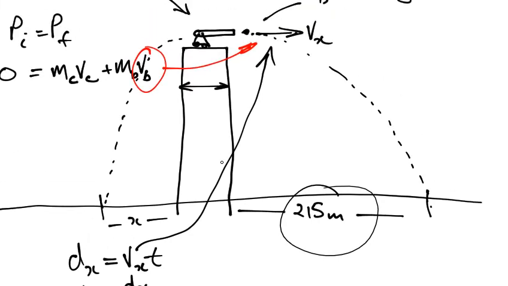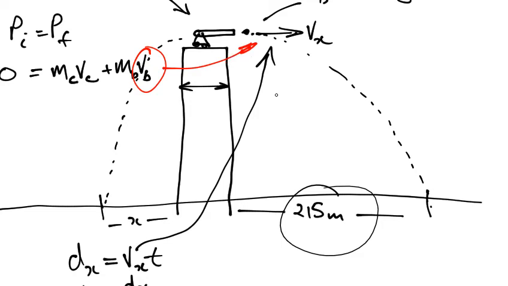Now if you think back to your projectile unit, it doesn't matter how fast the projectile is shot horizontally from a certain height, it's always going to reach the ground at the same time.